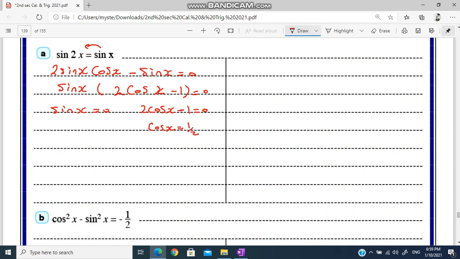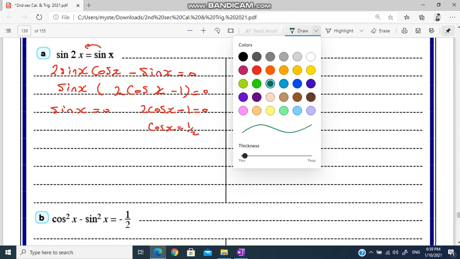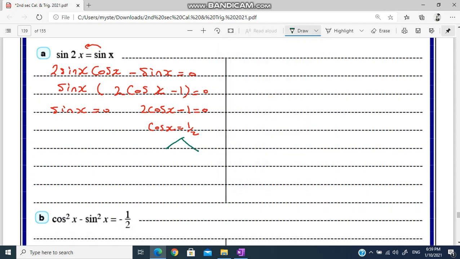So cosine is positive in the first and fourth. So we have here two solutions, first and fourth. The first, shift cosine equals 60, and the fourth 360 minus 60, which equals 300. And here sine x equals 0. We have three angles.